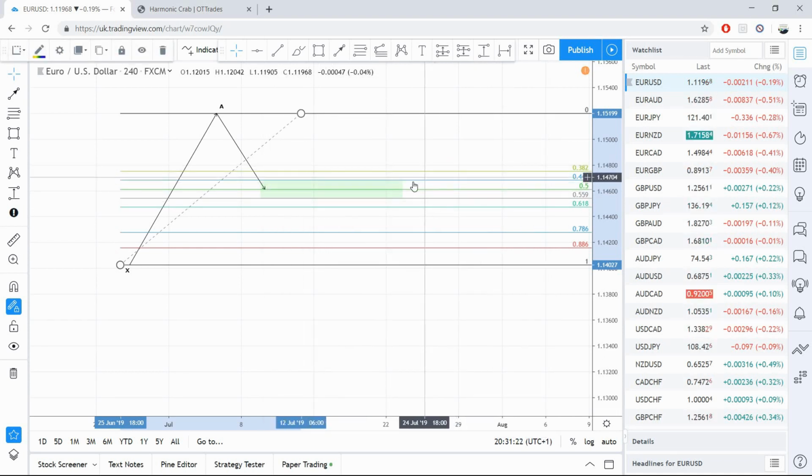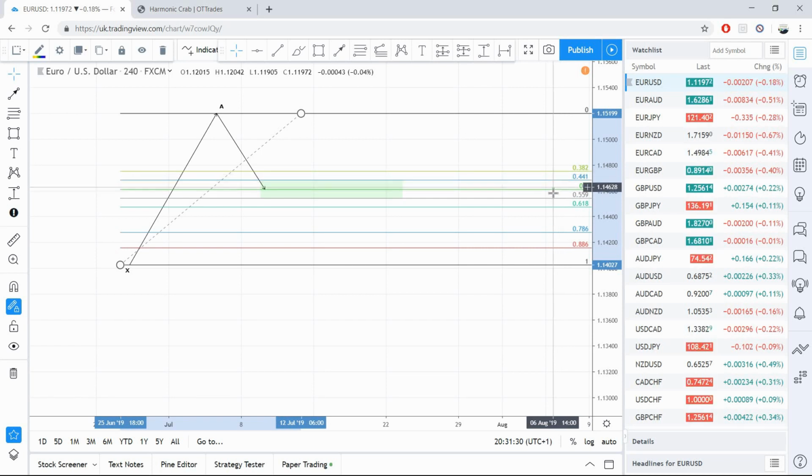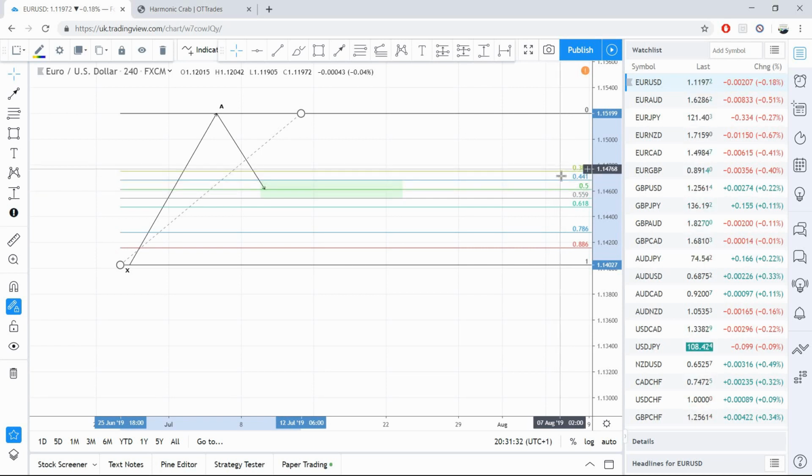So price has got to fall within this green box here, so not a bad guess from my green boxes, but this is the exact midway points between the 50% and 382 level. The exact halfway point is 44.1%, and between the 50% level and the 618 level, the exact halfway point is 55.9%.